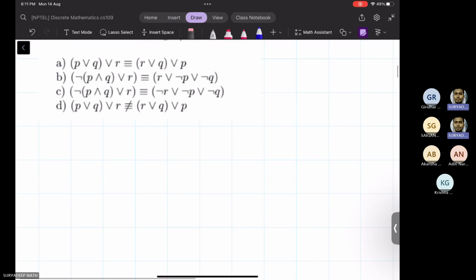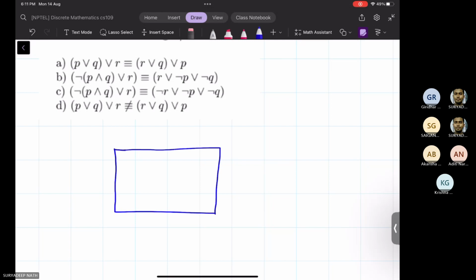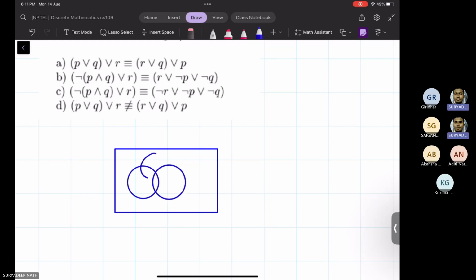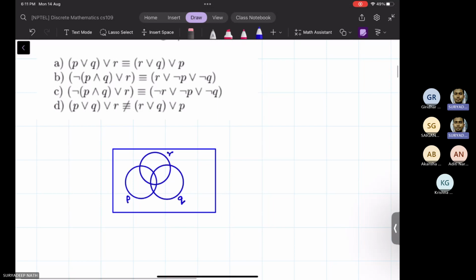Okay, so let me draw the Venn diagram. Suppose this is P, this is Q, and this is R.